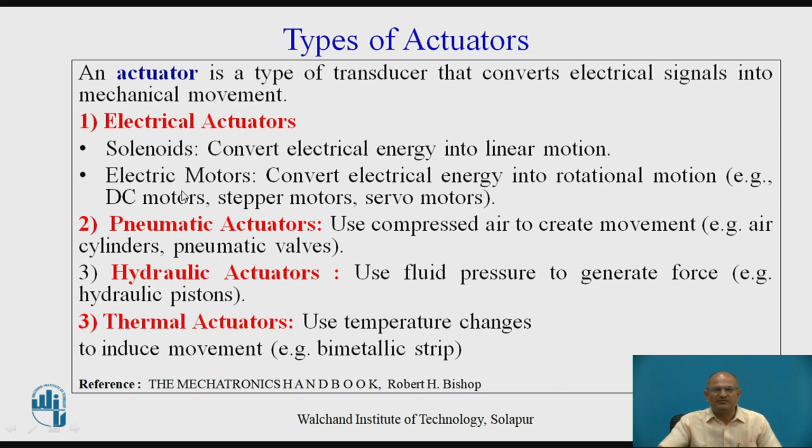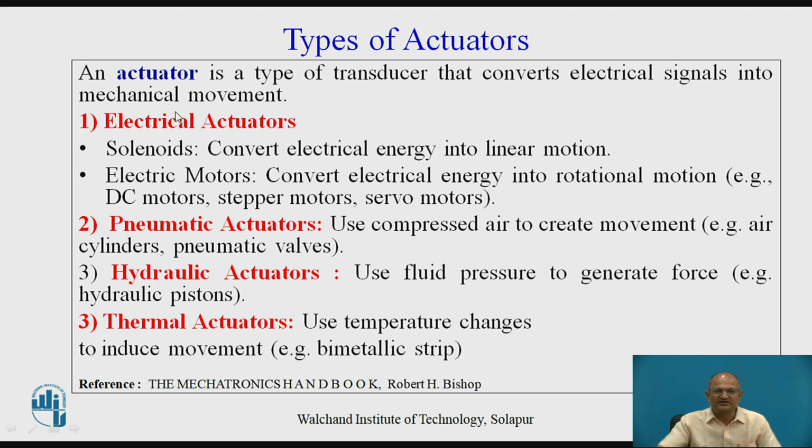Here is about actuators. Please recall, an actuator is a type of transducer that converts an electrical signal into mechanical movement. Now, there is a classification of actuators. Actuators could be electrical actuators, pneumatic actuators, hydraulic actuators, or thermal actuators.